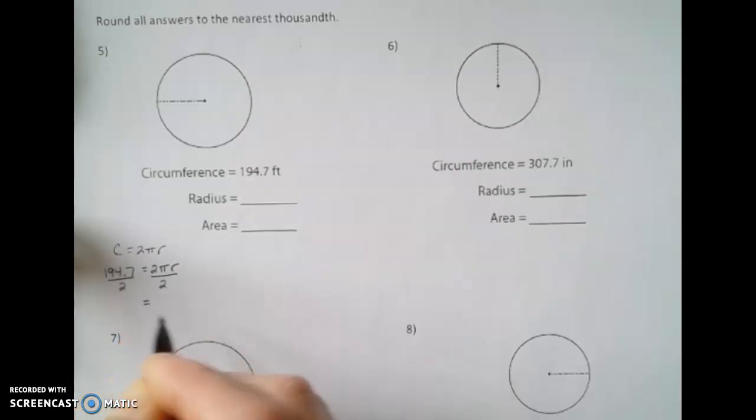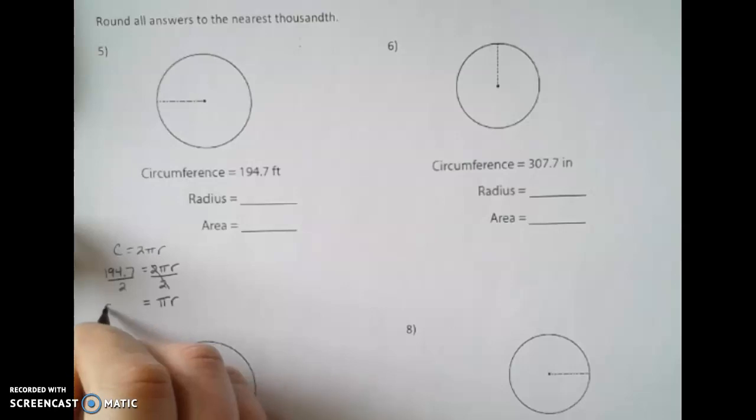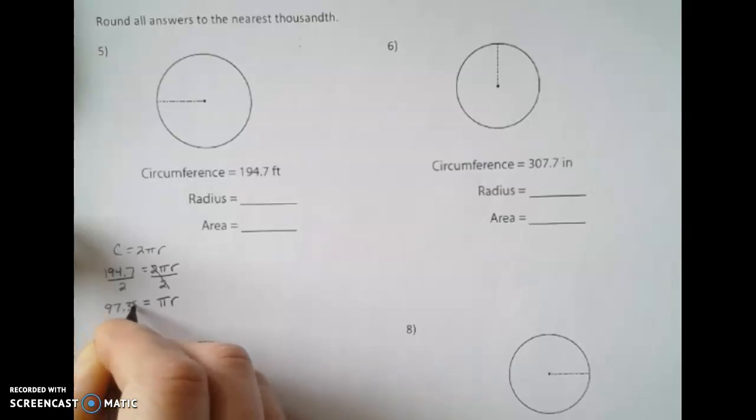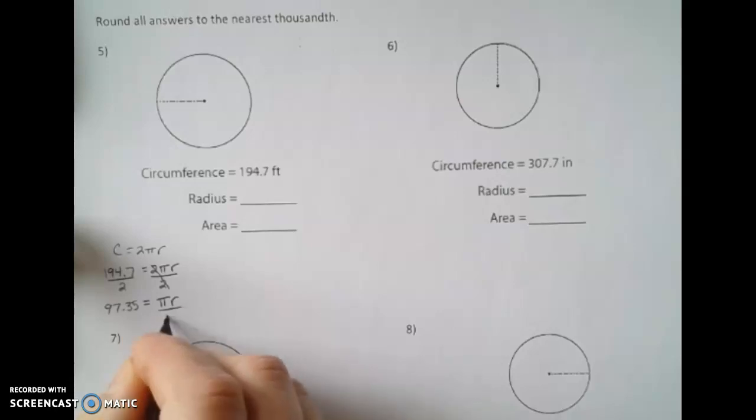Okay, on the right, 2 divided by 2 is 1, so we're left with pi times r. 194 and 7/10 divided by 2 is 97 and 35/100. Now we have to get r all by itself, so in order to do that, we have to divide each side by pi.